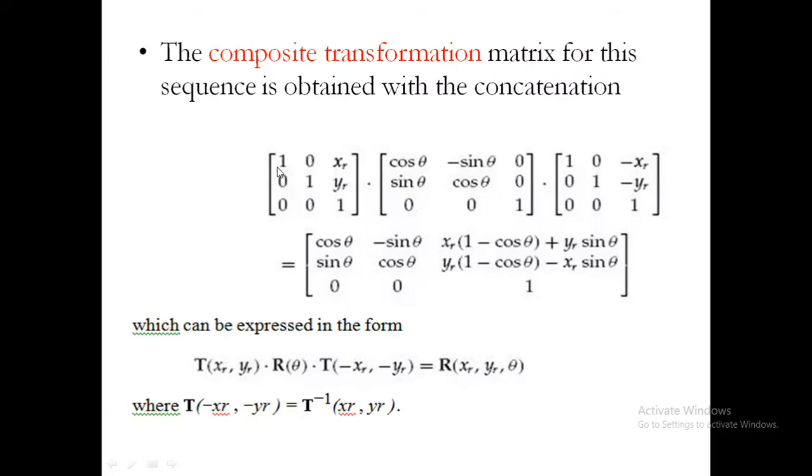The final operations are given here: the translation matrix, the rotation matrix and the negative translation matrix. All these three matrices are multiplied, and the composite transformation matrix is written here. Whenever you call a negative translation, this matrix will be called and multiplied with the object matrix.